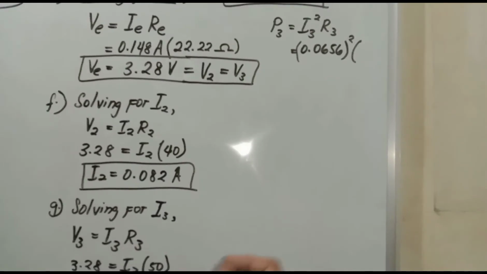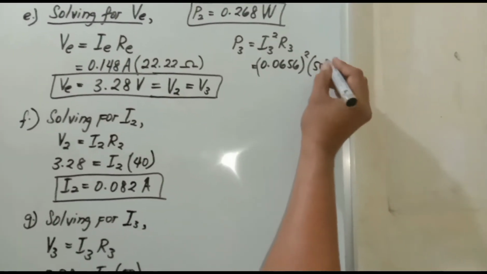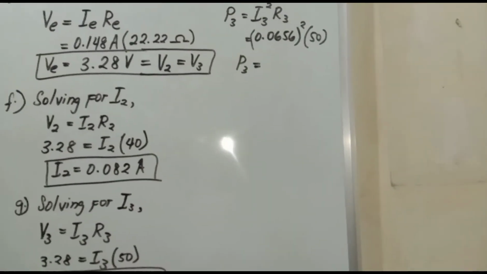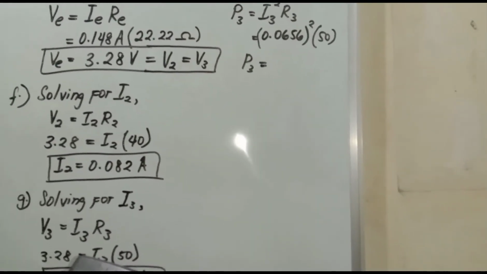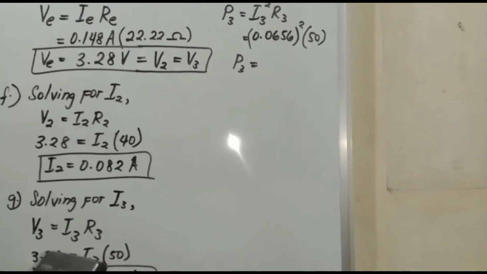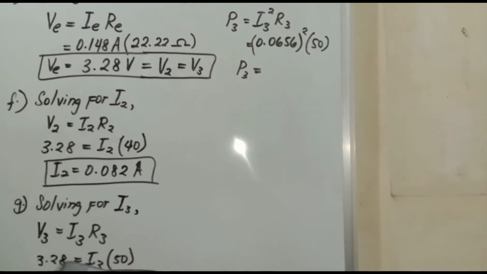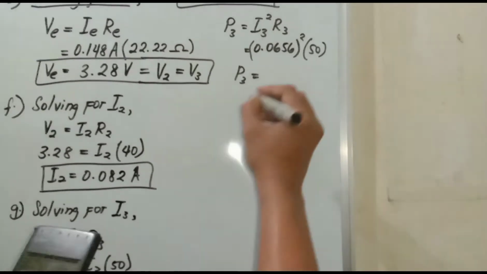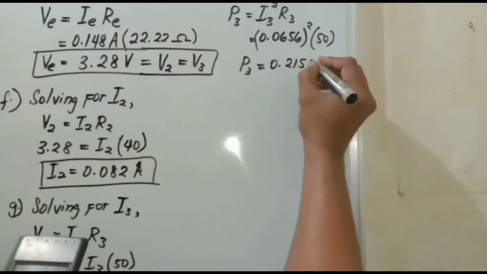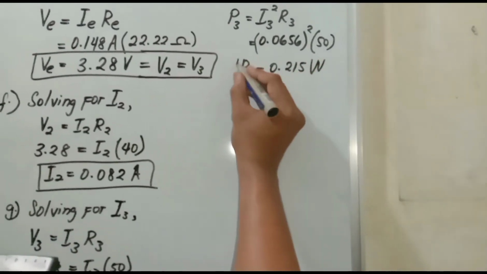How much is R3, guys? 50 ohms. So P3 is equal to 0.0656 squared times 50 ohms, so 0.215 watts.